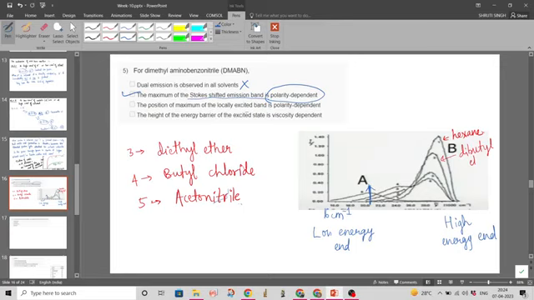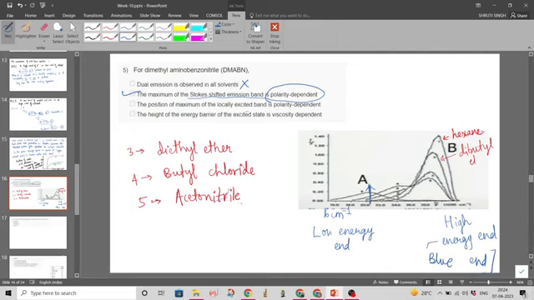The position of maxima of locally excited band is polarity dependent. So this one is the locally excited band. This is the high energy end, the blue end, and this is the red end. So this part is the locally excited band. Is the maxima polarity dependent?